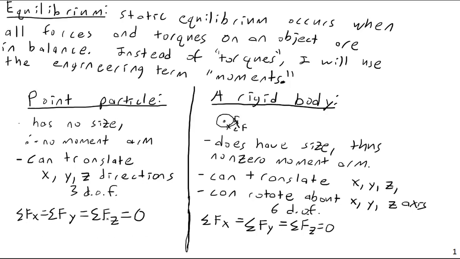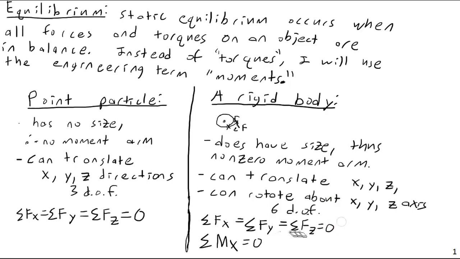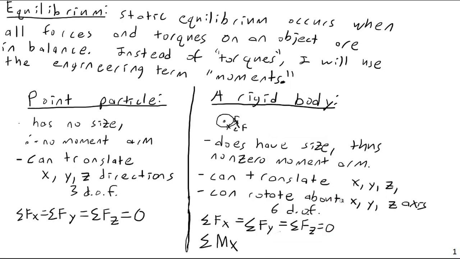So the rigid body has the same limitations on translation, but it also has limitations on rotation. The sum of moments about the x-axis must equal 0, equals the sum of moments in the y direction, equals the sum of moments in the z direction, equals 0.